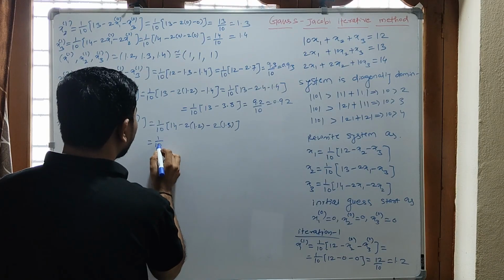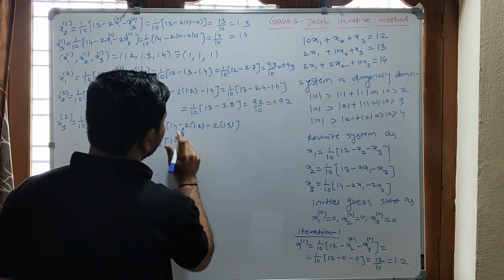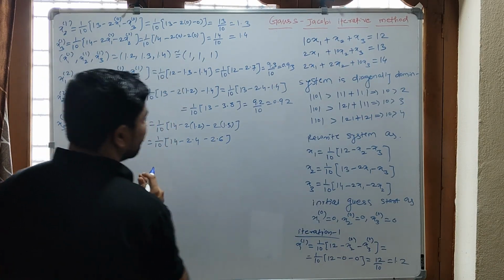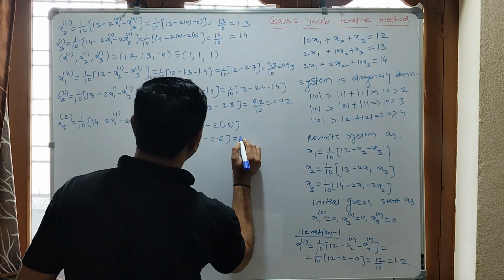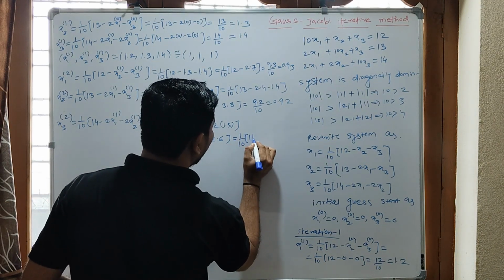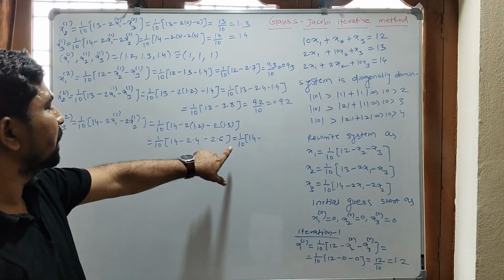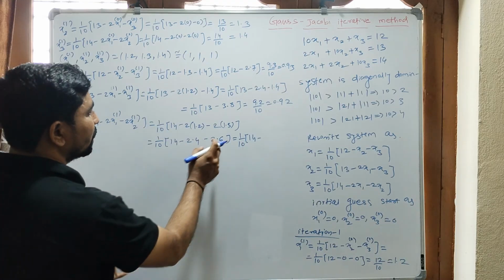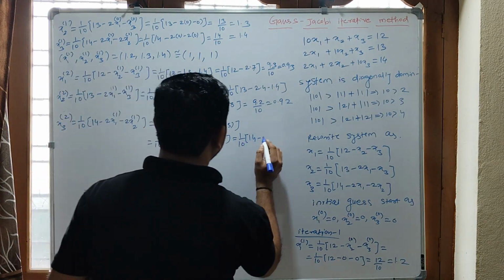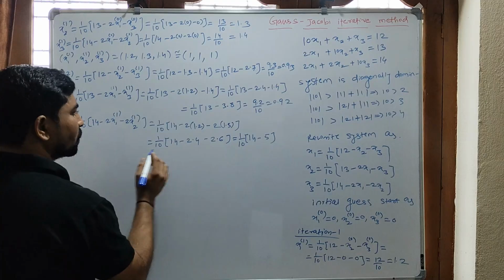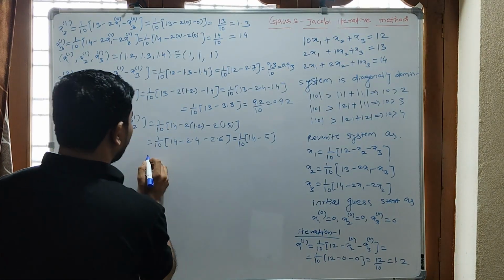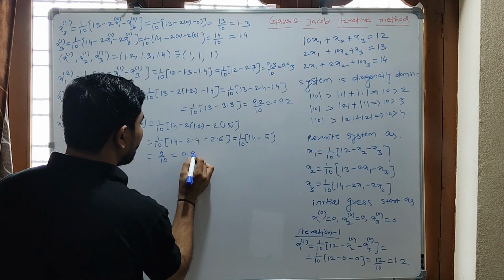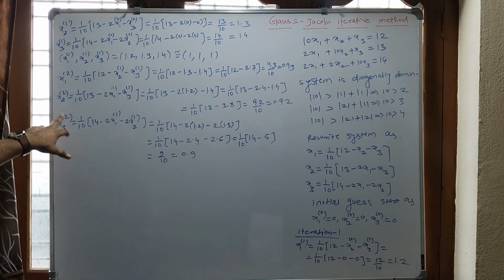This is 2.4 minus 2.6, which is 5 in total. So which is equal to 9 divided by 10, which is equal to 0.9. So this is my x3 at 2.